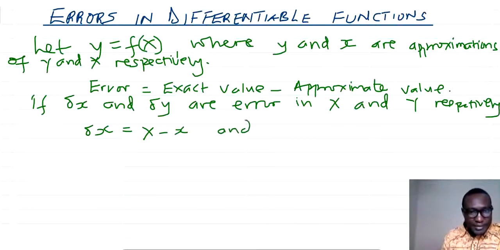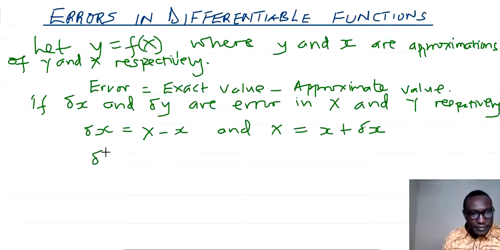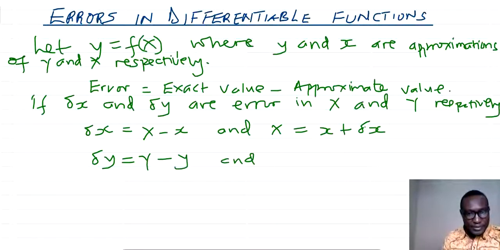This means that capital X is equal to smaller x plus the error in x. And we have the error in y is equal to the exact value minus the approximate value, which also gives us that capital Y is equal to smaller y plus the error in y.